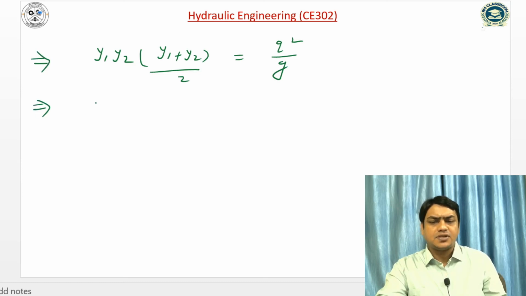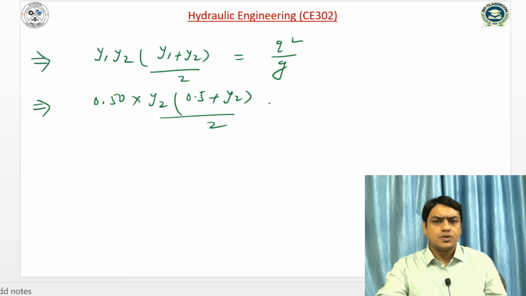y1 is given as 50 centimeter. So 0.5 into y2 into 0.5 plus y2 by 2 is equal to small q, which is 8, so 64 by 9.81.